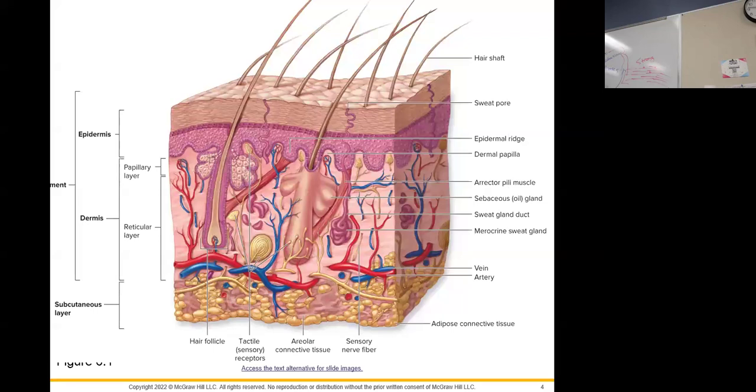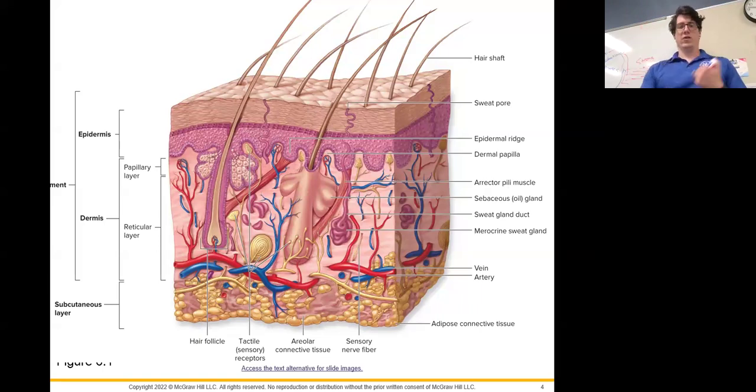Now, these cells are also going to be filled with a protein called keratin. Okay? Keratin is very, very tough. It's the same stuff that's in your fingernails and your hair. That stuff is really, really dense, really, really thick, really, really strong. That is one of the other ways that these cells are going to help be like these shingles on your house, is because they're going to be filled with this protein. So more layers means more of that protein, which means even more protection.